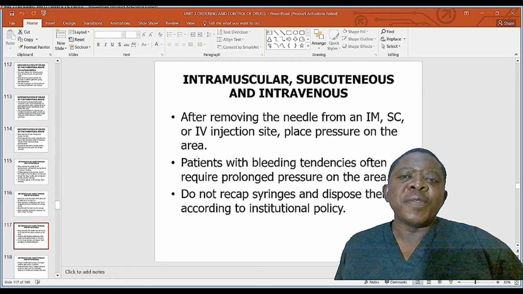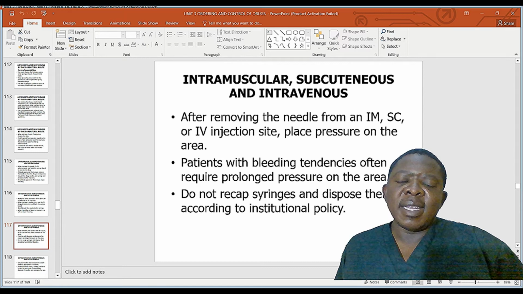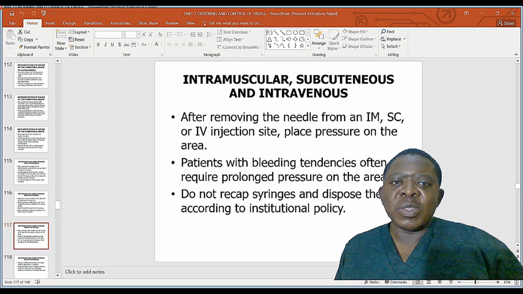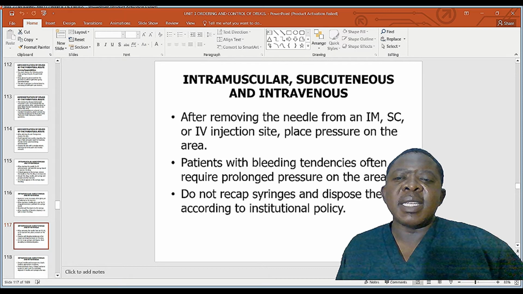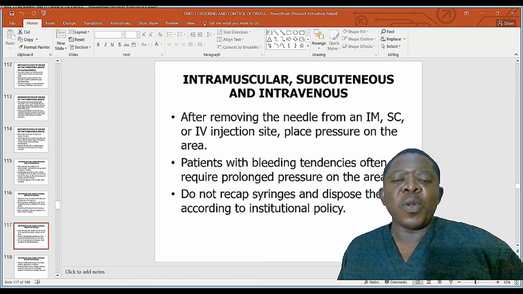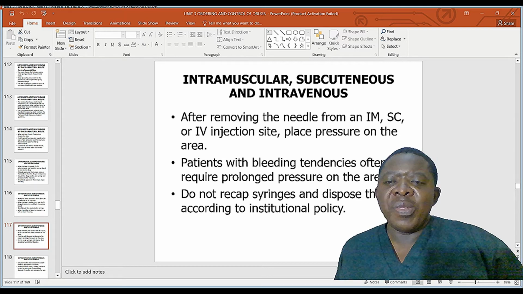After removing the needle from an intramuscular, subcutaneous or intravenous injection site, you can place pressure on the area. Patients with bleeding tendencies often require prolonged pressure on the area.